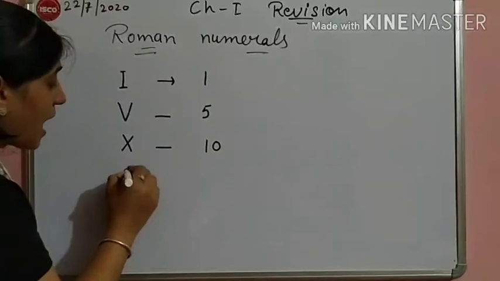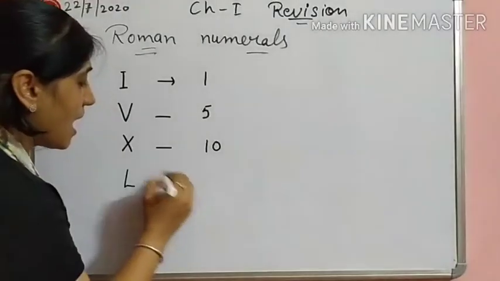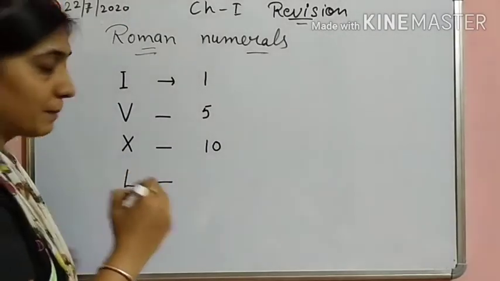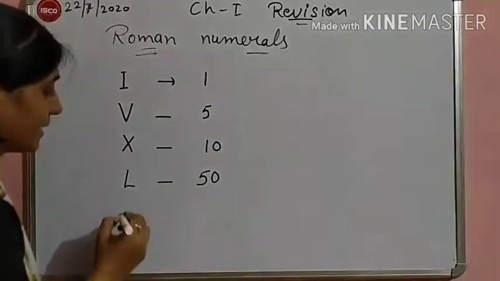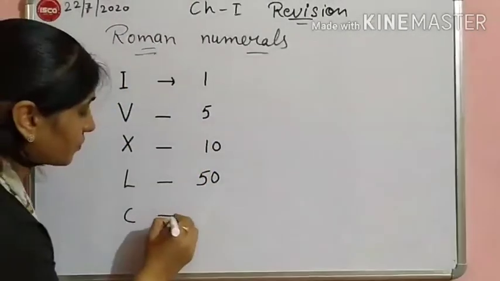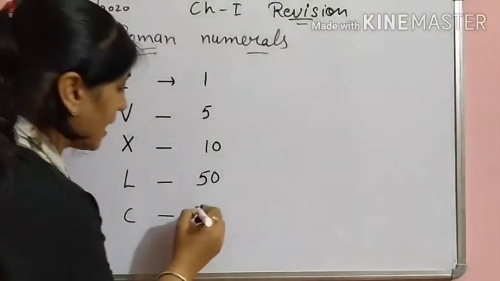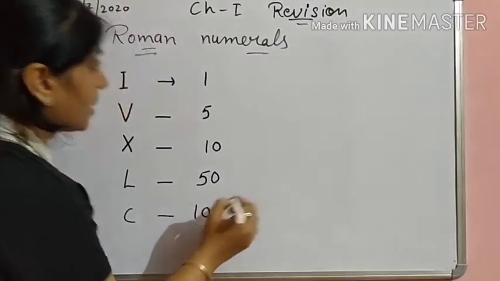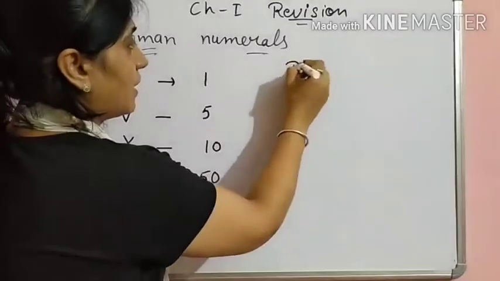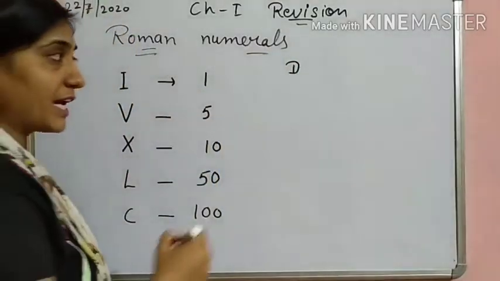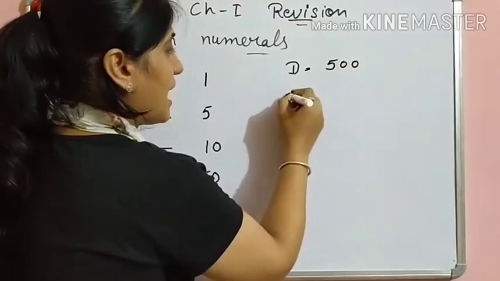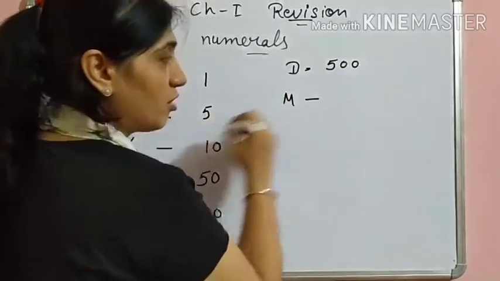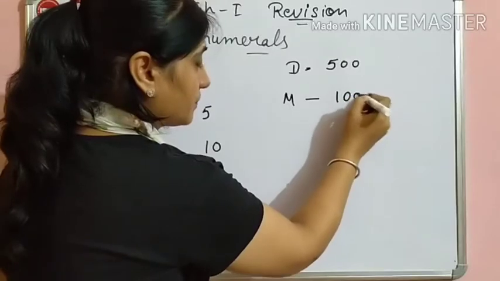Then L. The value of L is 50. Then C. C means 100. And D. The value of D is 500. And M stands for 1000.